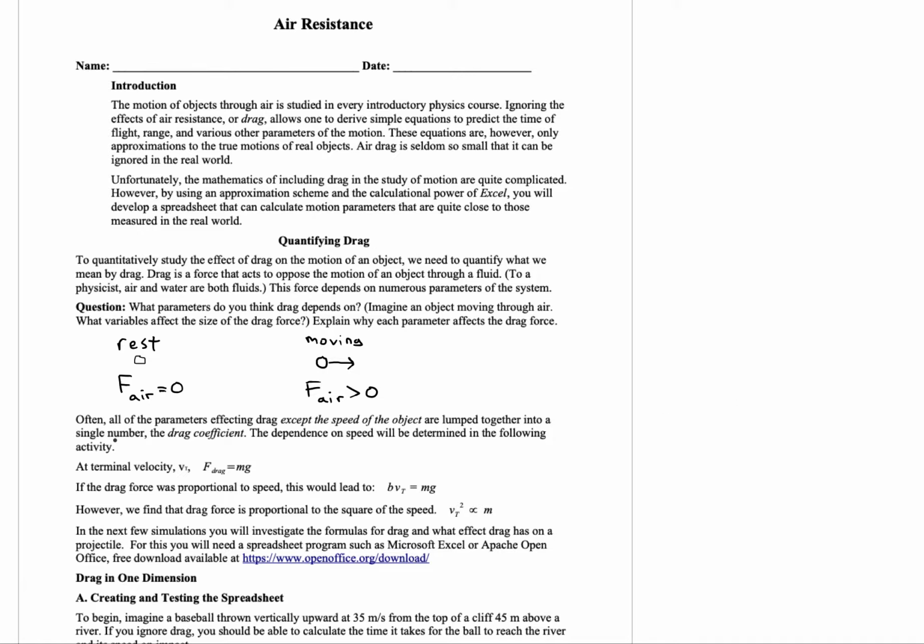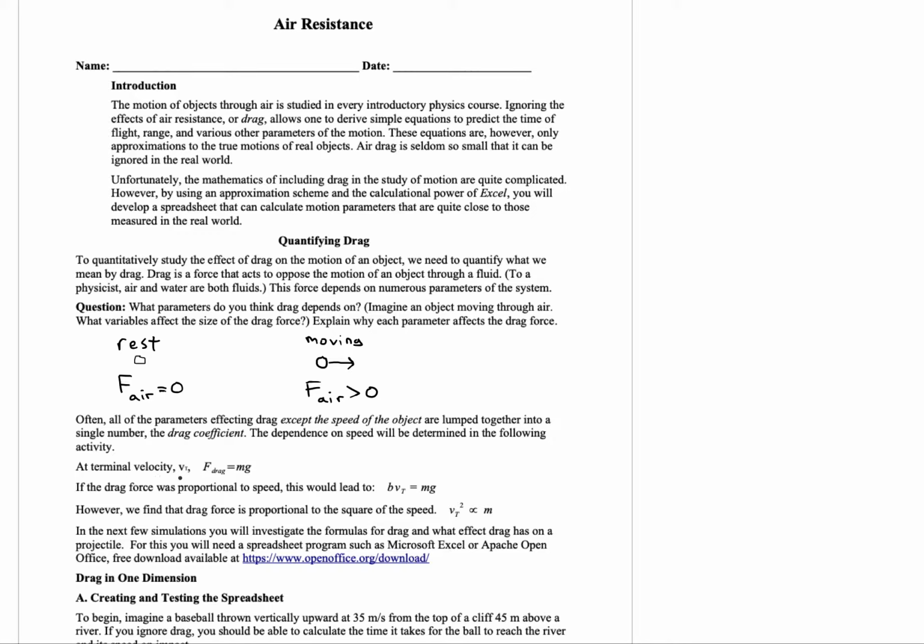It says often all the parameters affecting drag except the speed of the object are lumped together into a single number called the drag coefficient. Some of the other properties would be like the surface area, for example, of the object that's moving. The dependence on speed will be determined in the following activity.